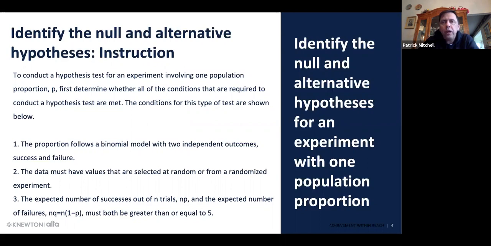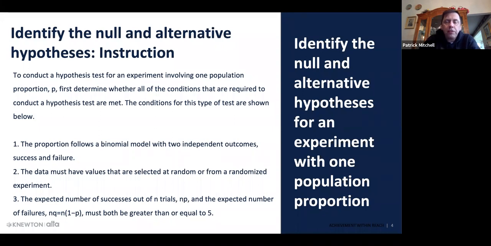Number one, the proportion follows a binomial model with two independent outcomes called success and failure. Number two, the data must have values that are selected at random or from a randomized experiment. Number three, the expected number of successes out of n trials, which is n times p, and the expected number of failures, which is n times q or n times 1 minus p, must both be greater than or equal to 5.